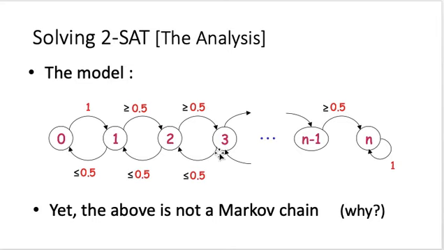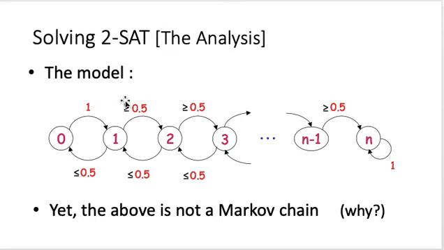But our focus here is to analyze a Markov chain, and this is not a Markov chain. Why is it not a Markov chain? The reason is that for a Markov chain, the probability that we move from any state to any other state is always fixed. Here in our actual algorithm, sometimes this is 0.5, sometimes this is 1.